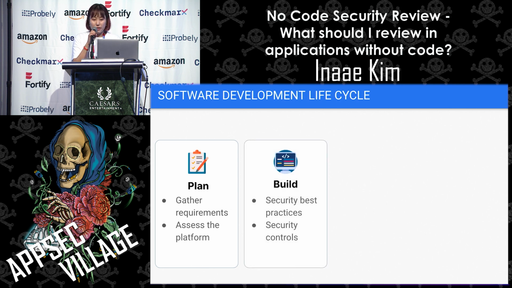And during the building phase, I highly recommend learning the platform. Like when you do the code review, you should learn how the programming language works. So you have to learn how the platform works, and then build the security best practices and security controls on it. Do not rely on security control settings by the citizen developer.